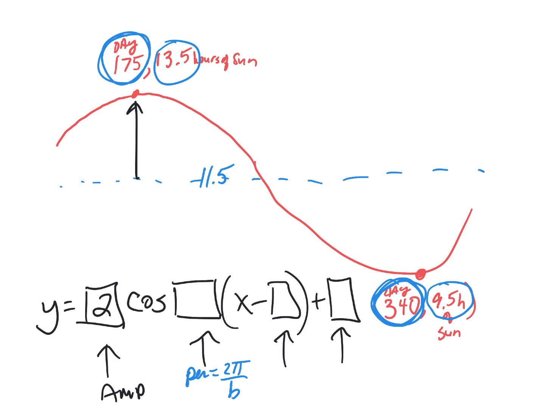Got to times it by 2. 2 times 165. Why are you timesing by 2? Because that's only from a high to a low, and that's not a complete cycle. So I times it by 2. So that would be 330, and shouldn't it be about 365? Yeah, but it's not exactly 365.